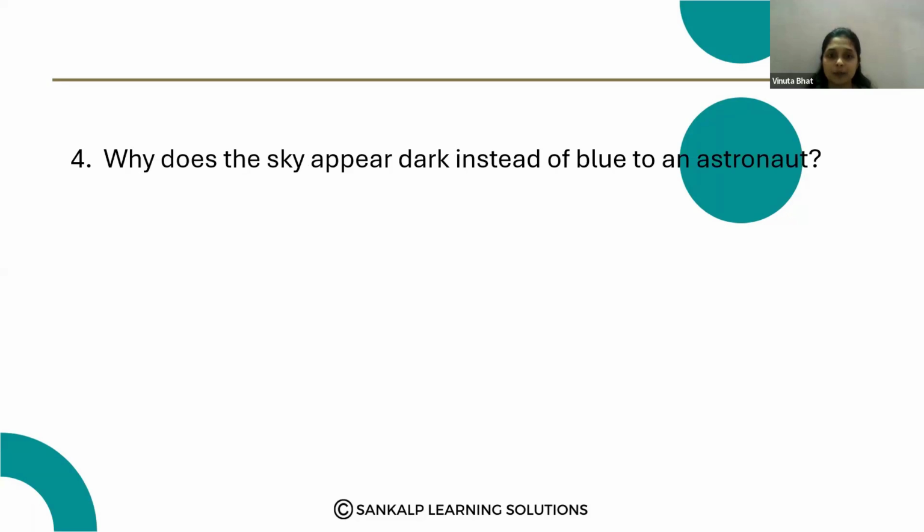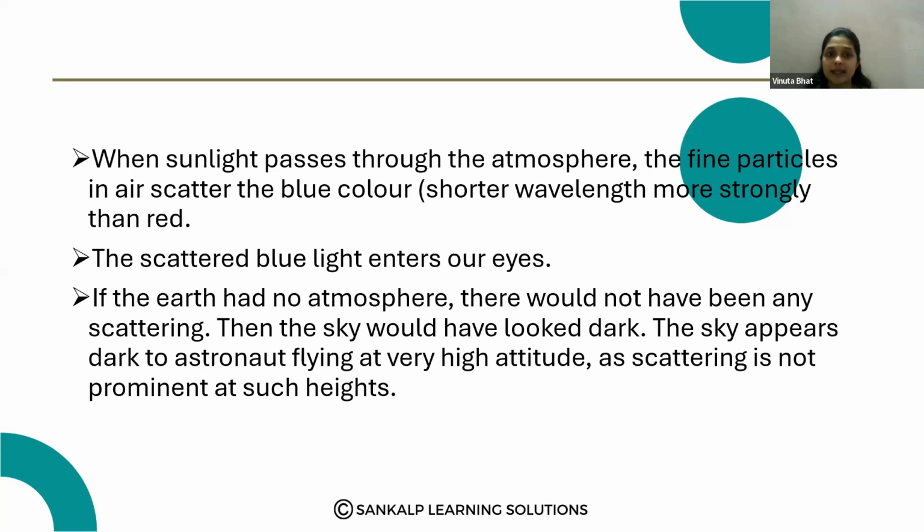Why does the sky appear dark instead of blue to an astronaut? When sunlight passes through the atmosphere, the fine particles in air scatter the blue color, the shorter wavelength, more strongly than the red. The scattered blue light enters our eyes.